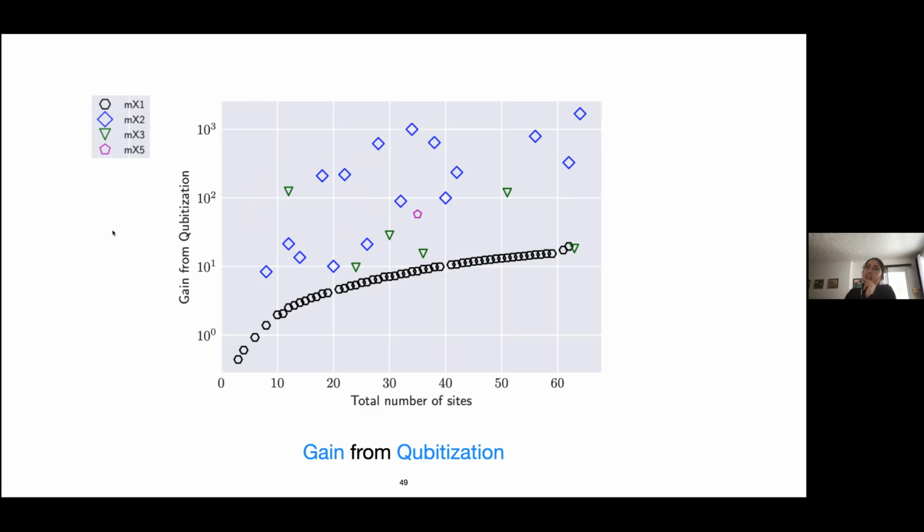The gain is the ratio of the number of calls you make to the unitary that encodes the exponential of your Hamiltonian, without using the qubitization technique, over the number of calls you need to make to your qubitized unitary.